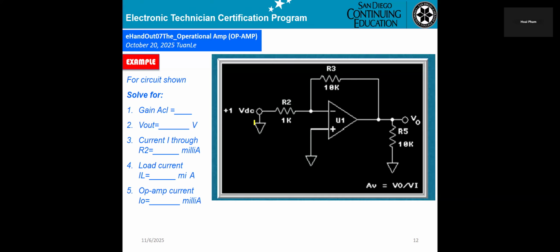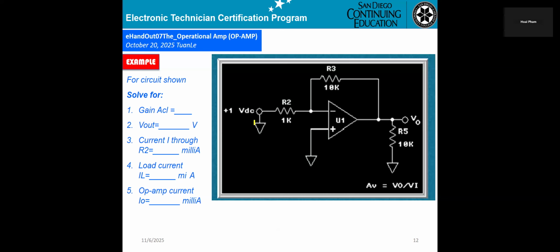Now, for this circuitry, they want the gain ACL. So when you look at the circuitry, you have to know the configuration of the op-amp: inverting amplifier, non-inverting amplifier, summing amplifier, and so forth.